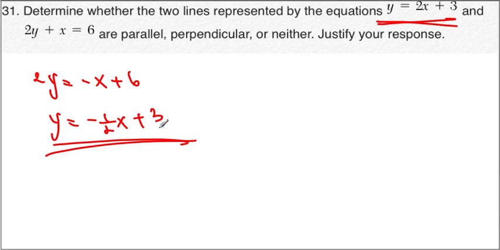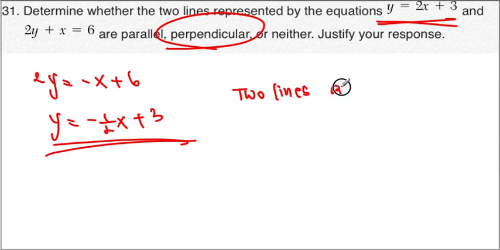That simply means that they have the same y-intercept. But when you look at the slopes, they're negative reciprocals of each other, so therefore we know that those two lines are perpendicular. Two lines are perpendicular because the first slope is equal to the negative reciprocal of the second slope.